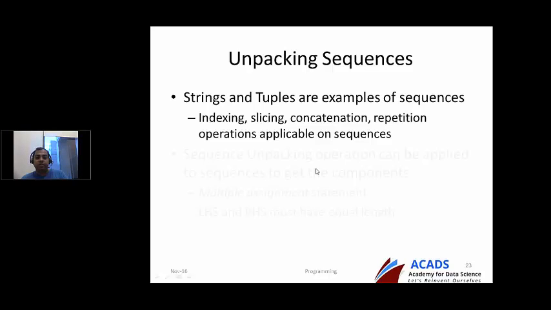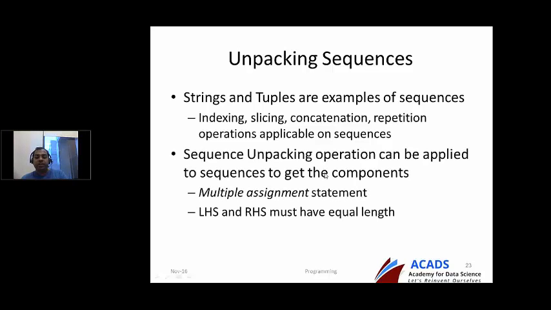What you can use is called the unpacking operation, and we have been seeing this unpacking operation in disguise as the multiple assignment statement. Whenever you have an assignment statement where the right hand side is a sequence, you can assign every element of the right hand side to multiple variables on the left hand side, provided the number of elements on both sides is the same.